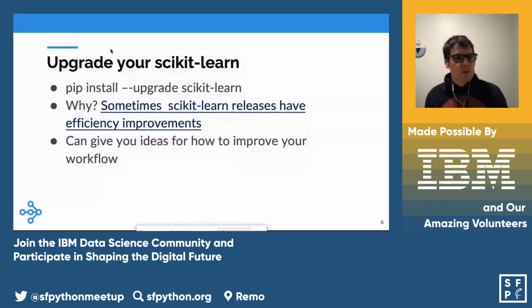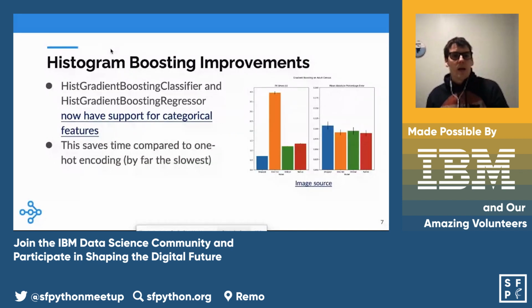Every time scikit-learn releases, and this is why I really emphasize this first, scikit-learn has pretty frequent releases that offer efficiency improvements. And it can also give you ideas of how to improve your workflow. If you're not familiar with scikit-learn, a lot of algorithms, when they first start in scikit-learn, don't necessarily always start with support for everything.